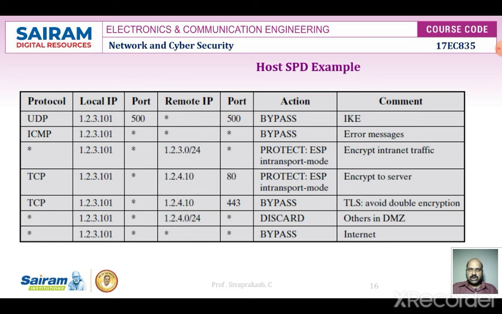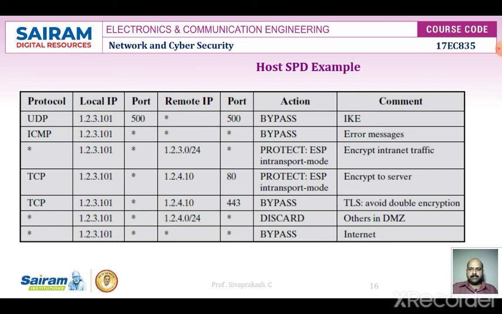The DMZ is protected from both the outside world and the rest of the corporate LAN by a firewall. The host in this example has an IP address of 1.2.4.10, and it is authorized to connect to the server 1.2.4.10 in the DMZ. So this entry in the SPD, the security policy database, should be self-explanatory.